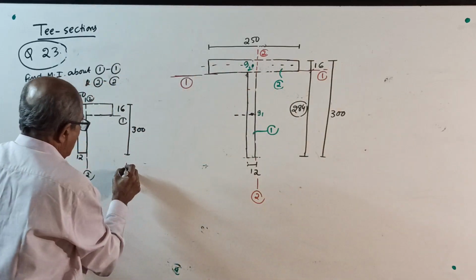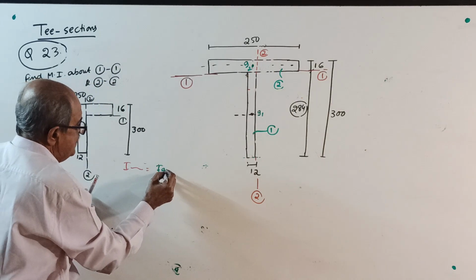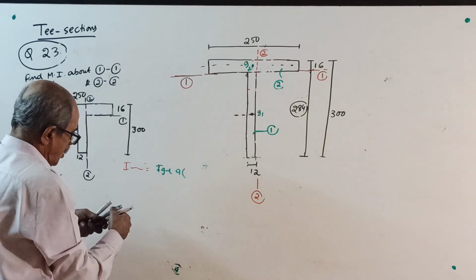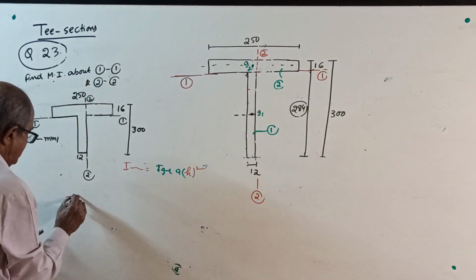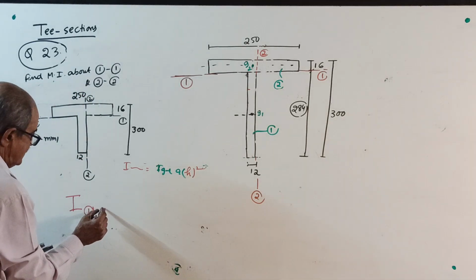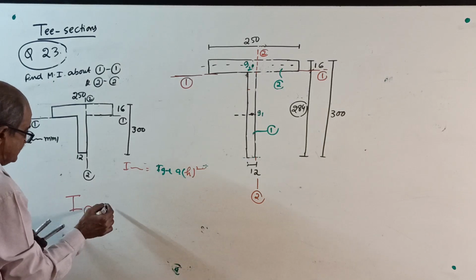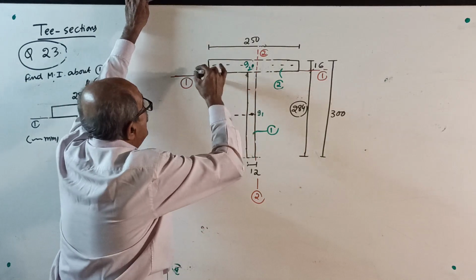Directly start. I about any axis equals the usual formula, Ig plus A h square. If you do not write it, you are losing the A h square. Okay, start. I about 1-1. Now, the principle: 1 is here, I about 1-1 they want.